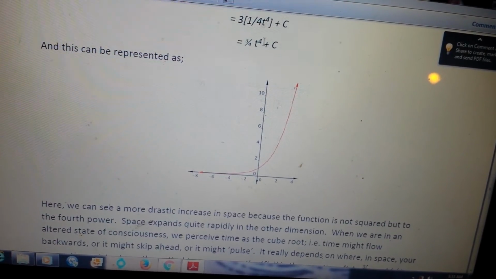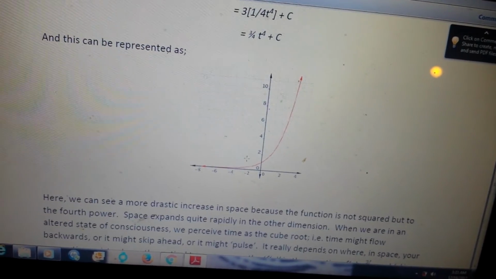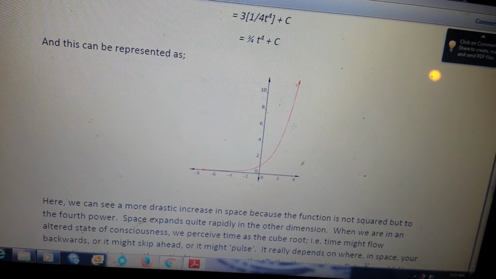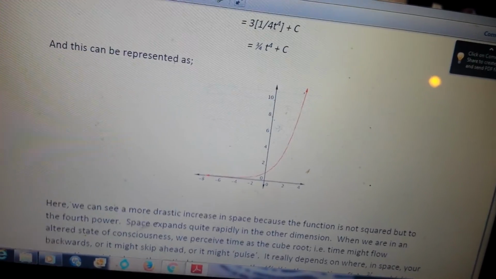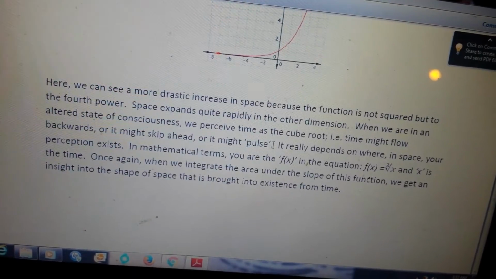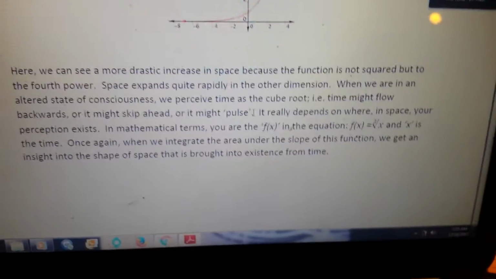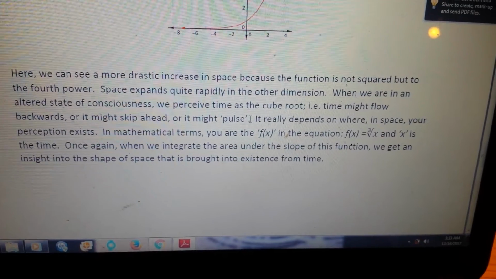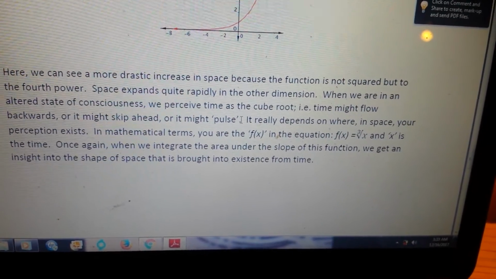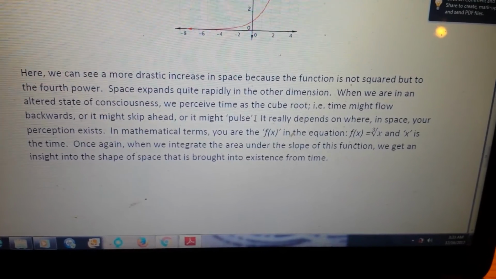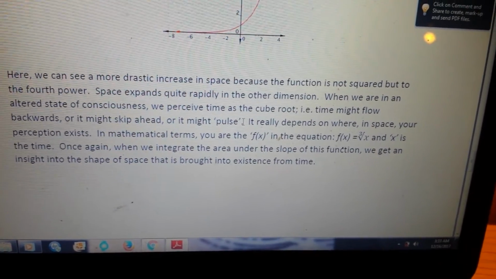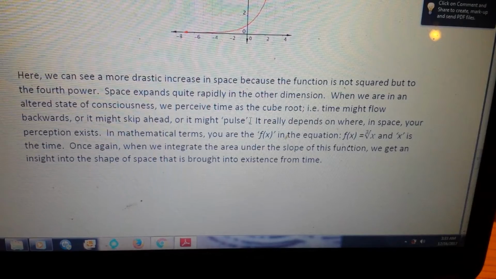T to the 4 plus C. So the space that's generated is to the power of the fourth, and that is really weird. Here we can see a drastic increase in space because the function is not squared but to the fourth power. Space expands quite rapidly in the other dimension.